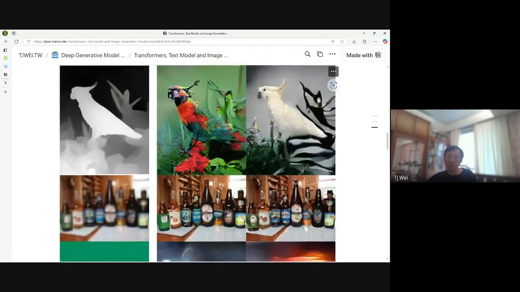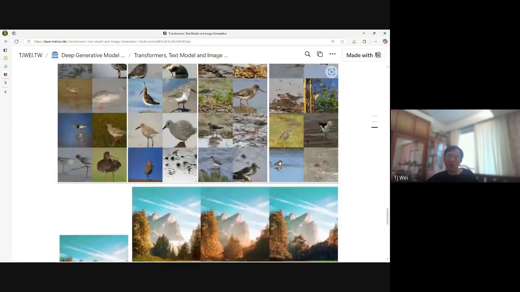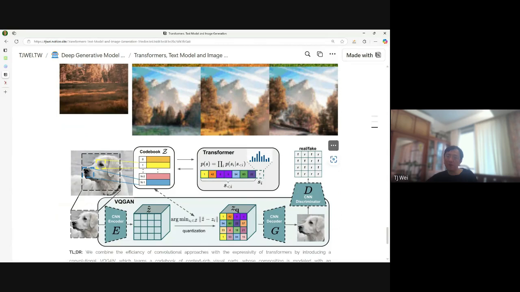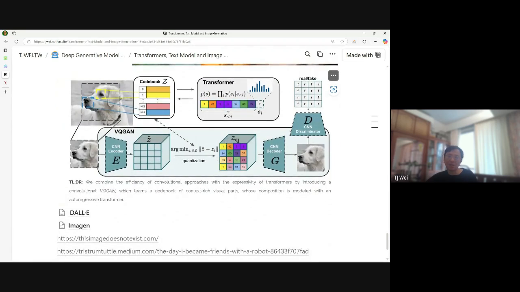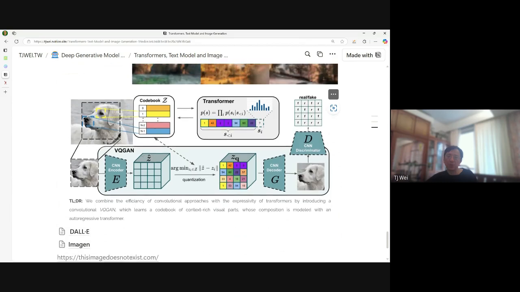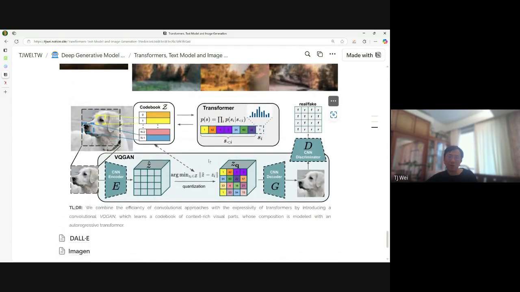Like all of these results, the architecture can be considered as a successor of the VQ-VAE, because the paper is called VQGAN. It is sort of like the VQ-VAE, but instead of using PixelCNN to generate a distribution, it uses the transformer. The benefit of using a transformer is that it can naturally work with text conditions.